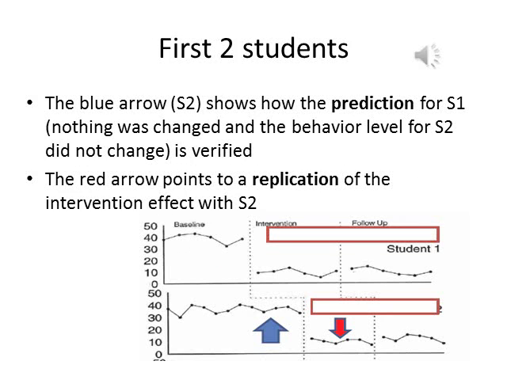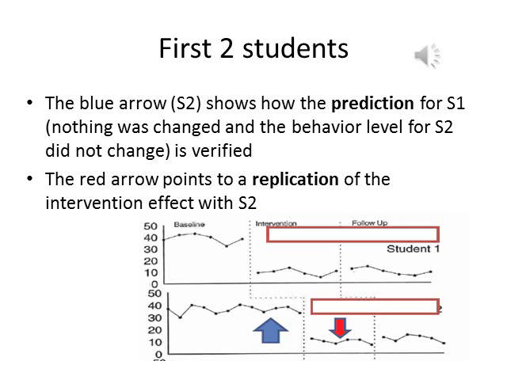As before, the red boxes show the prediction, the area of where we think the data would be for subject 1 and subject 2 if there were no intervention. So that's our prediction. And remember, we've already shown that for subject 1, when the intervention was present, the behavior was consistently lower. The blue arrow shows how we can verify that prediction. We're going to verify the prediction about subject 1 by looking at subject 2's baseline.